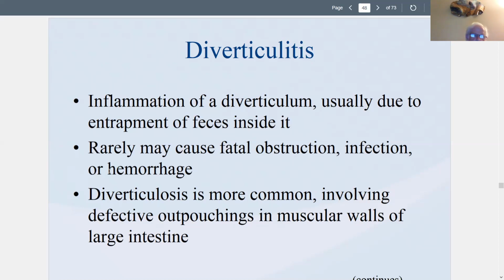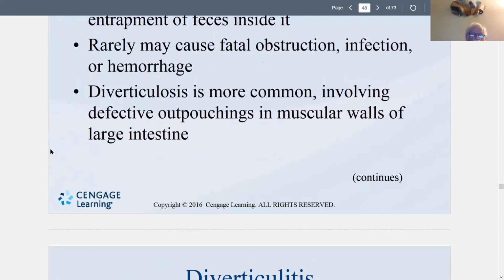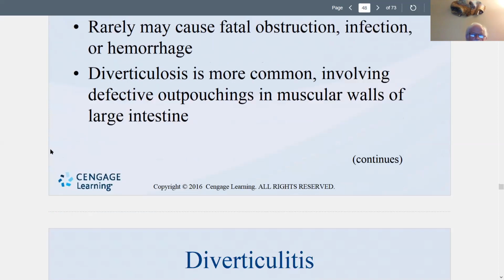It may cause an obstruction in the bowel, in which case surgery is often needed. Diverticulosis is a milder and more common form that is just a defective poking out of these things in the muscular walls.